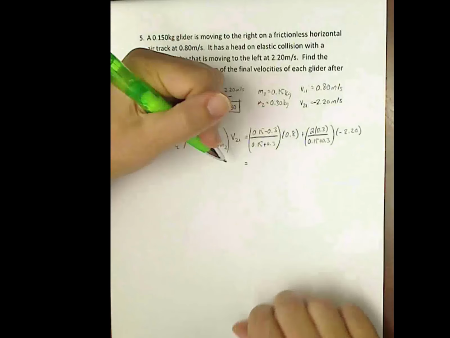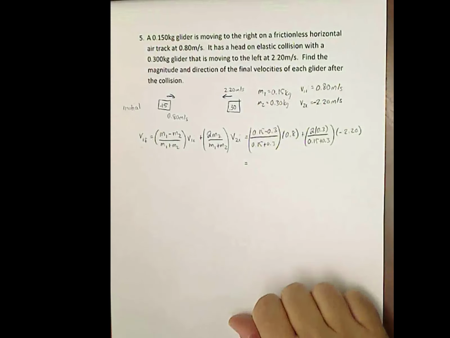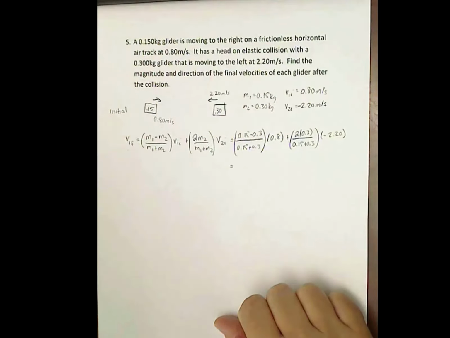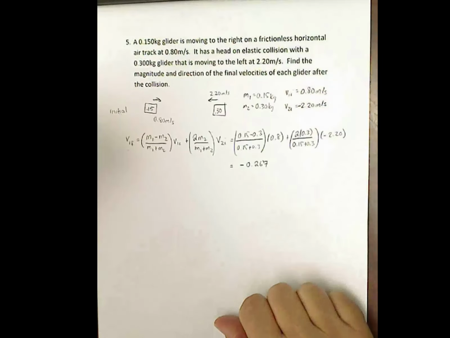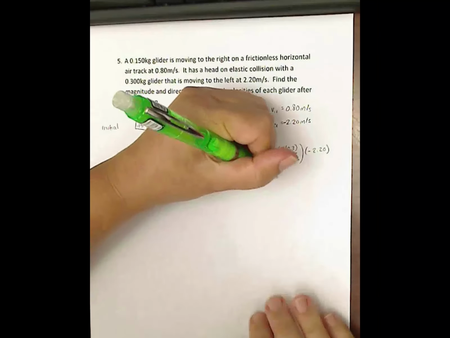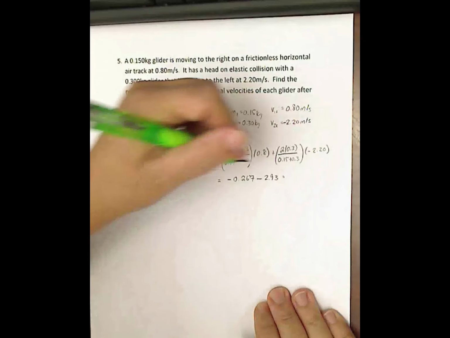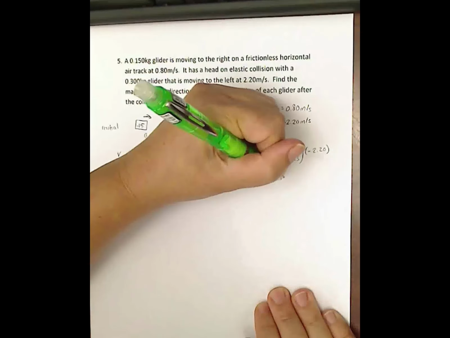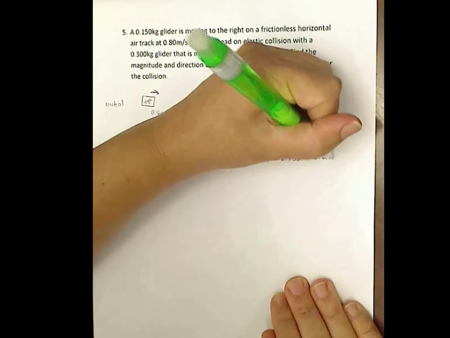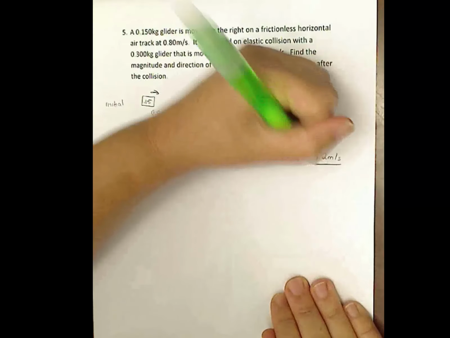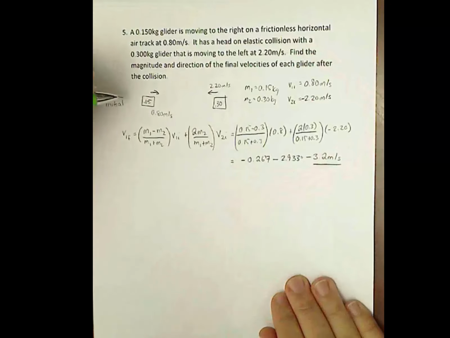Okay, plug that all into the calculator, and I get negative 0.267 minus 2.933, and I get negative 3.2 meters per second. Okay, so the first glider goes backwards to the left at negative 3.2.